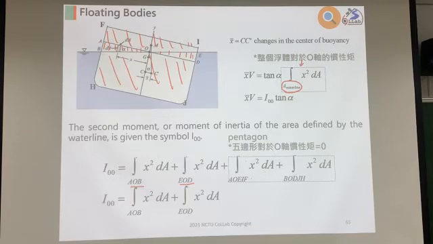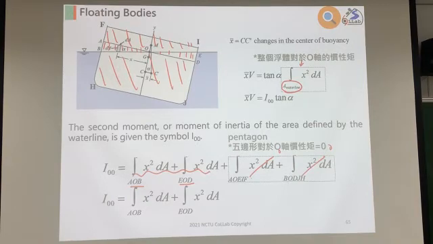But I just tell you, for these equations, the final two terms you don't need to take care of, because for the pentagons, any pentagons, if O is the rotation axis, the second moment is always equal to 0. So the final two are equal to 0.